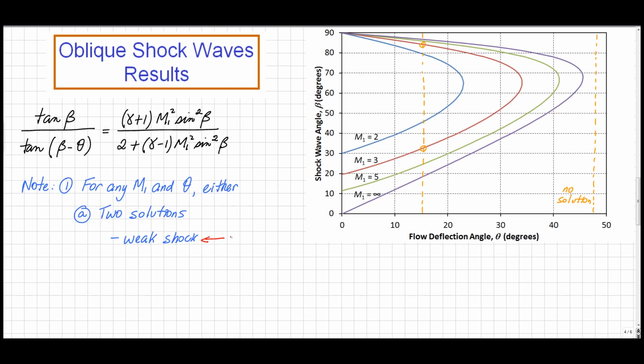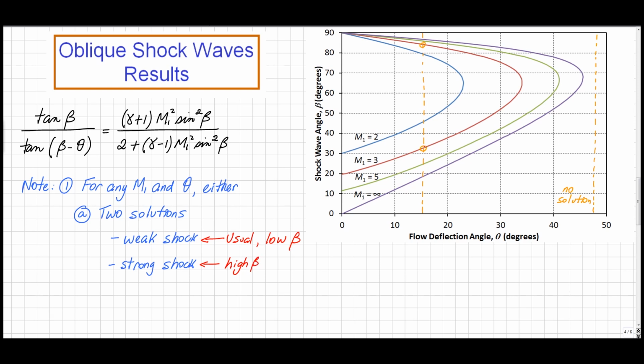And this is actually the usual situation. We usually will get the weak shock solution, and it occurs for low values of shock angle beta. The other is termed the strong shock solution. And this one is less usual, and it is for the high beta.